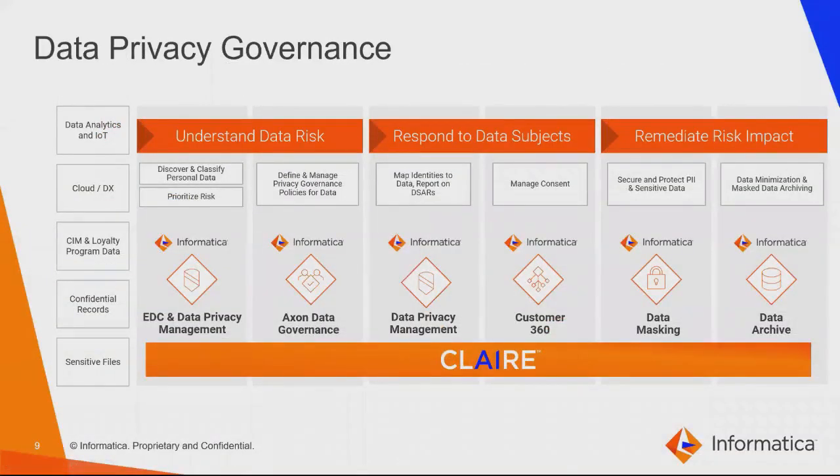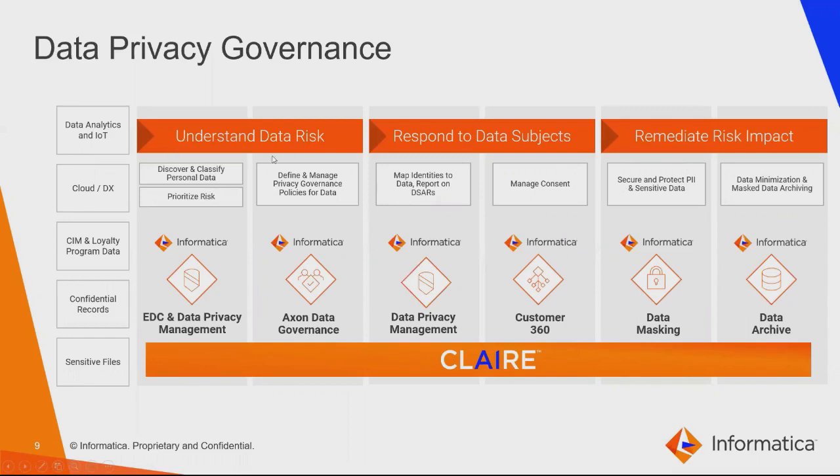Moving on to data privacy and governance, the key sections we'll go through for handling data privacy and governance are understanding the data risk, responding to the data subjects, and remediating the risk impact by following stages.